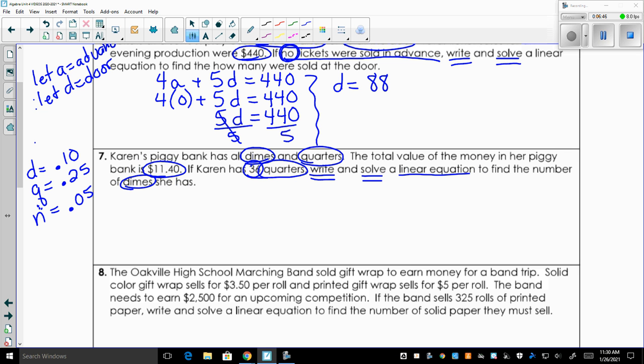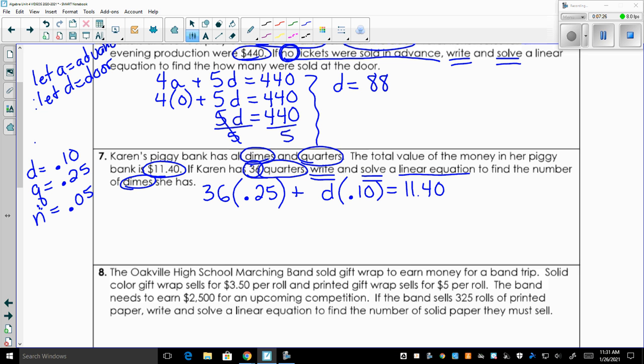So we know she has 36 times quarters plus an unknown number of dimes. So 36 times 0.25 plus the unknown number of dimes, so D, times 0.10 for a total of $11.40 in her piggy bank.